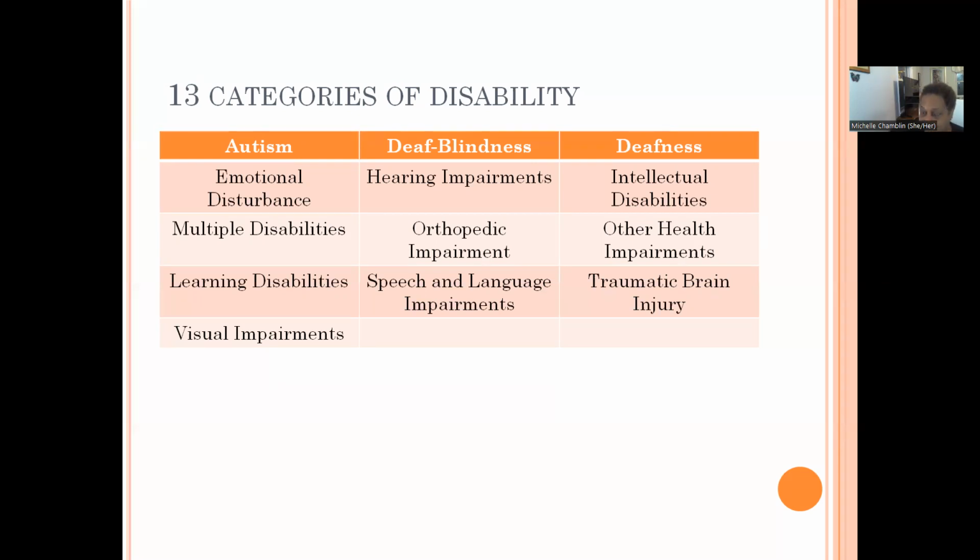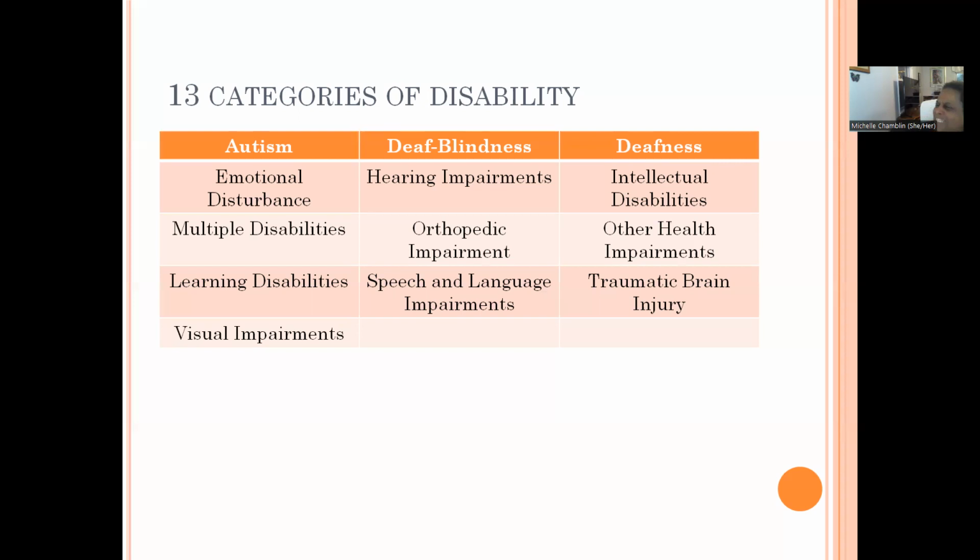Then after the student is found, through assessment, to have one of these 13 disabilities, whatever services, what needs to be done, that's a whole other piece of the process. Some of these might look brand new to you, and some you might already know.